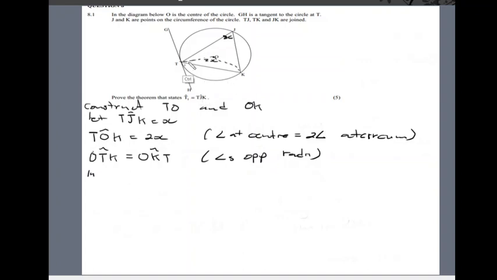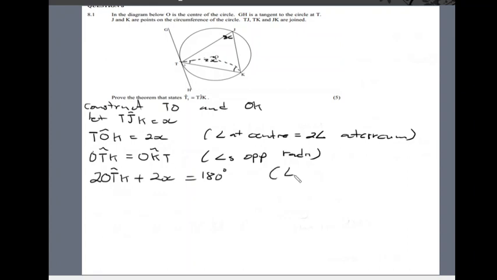Look, angle OTK or angle OKT, so I'll say 2 OTK plus 2x is equal to 180 degrees, right? Because those are the sum of angles in a triangle, this one is equal to that one, so that is why I have 2 OTK there, right?